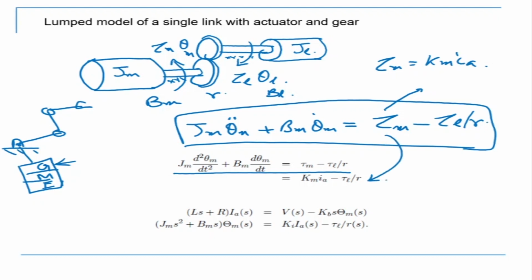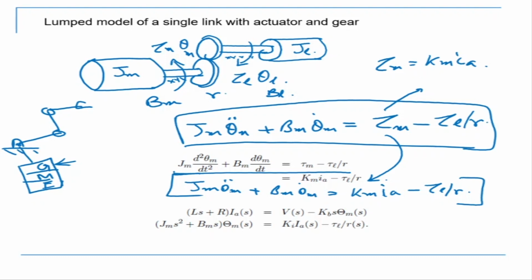What I'm going to get is Jm theta m double dot plus Bm into theta m dot is equal to Km into Ia minus tau L by R. Now this is my other important equation. This gives me the torque balance equation.